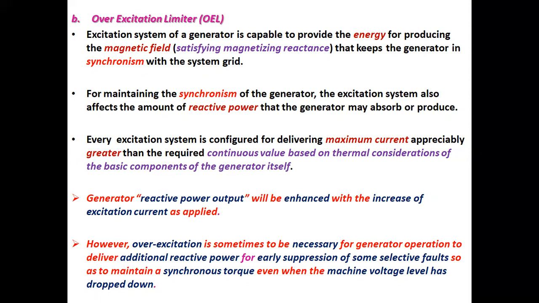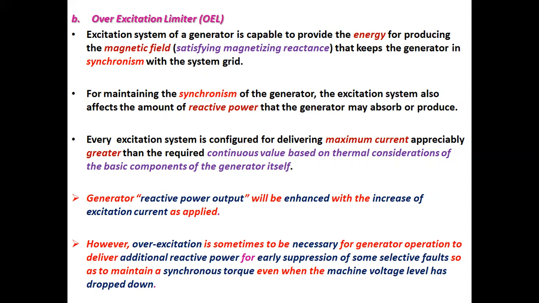The excitation system of a generator is capable of providing the energy for producing the magnetic field, satisfying the magnetizing reactance that keeps the generator in synchronism with the system grid.